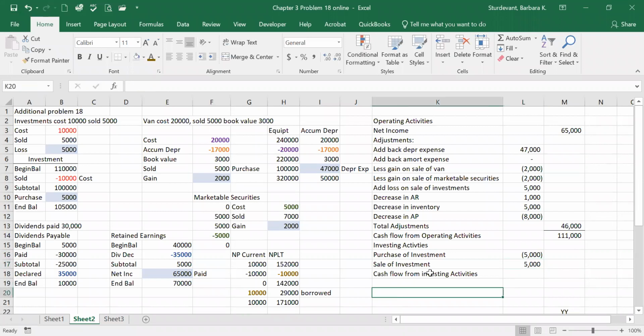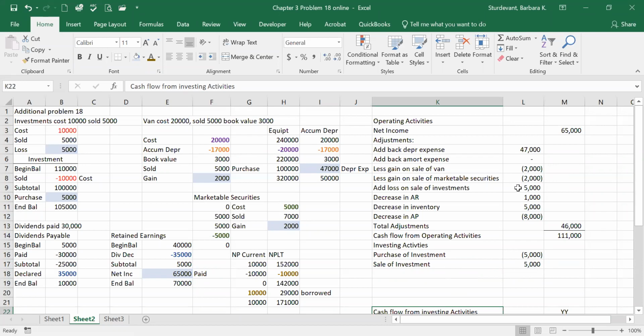Cash received from the sale has to include gains and losses. So that's your investment. If I look here at the sale of my investment, I got 5,000 here. Up here, I have a gain or a loss on the sale of my investment, right?